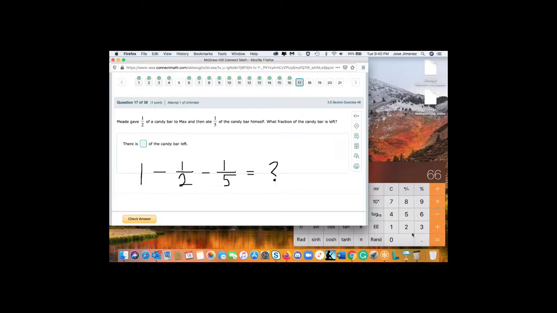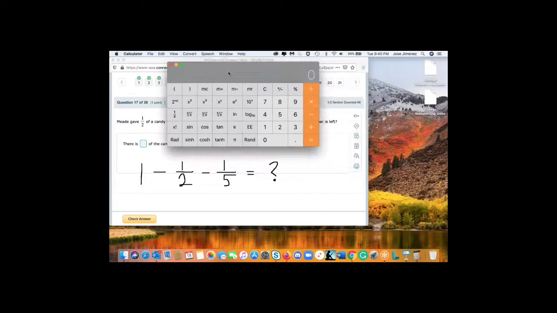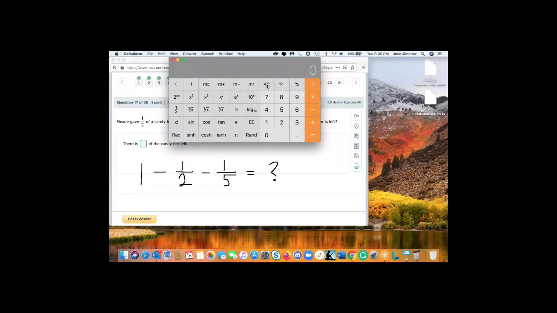So here I can do it with the simple calculator. Let me check. Okay, I start with 1 minus 1 divided by 2 minus 1 divided by 5, equal.